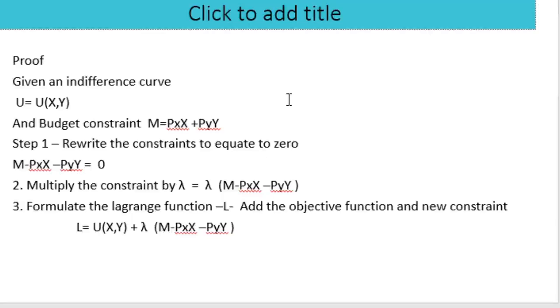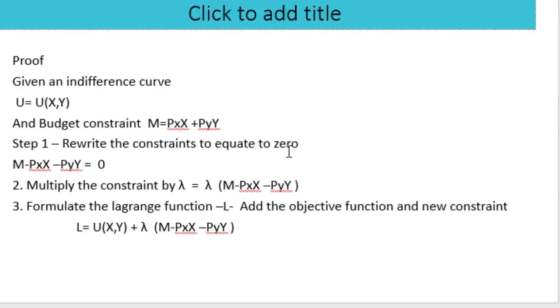And the proof of that point is given here. An indifference curve is given as U equal to a function of X, Y, and the budget constraint is defined as M equal to price of X times X plus price of Y times Y. Step 1 is to rewrite the constraint to equate to 0.